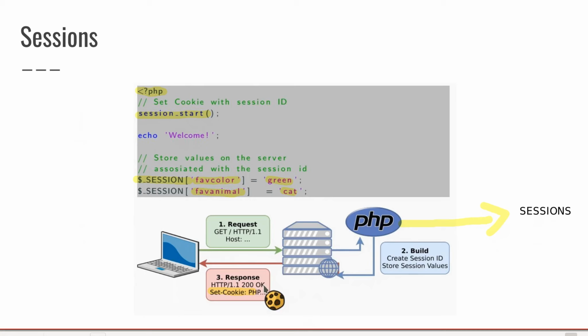So every time a browser comes with a valid session ID, PHP knows who you are because it can look in its session store where I have stored, for example, favorite color and favorite animal as a web developer.